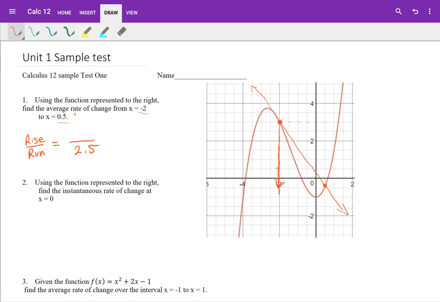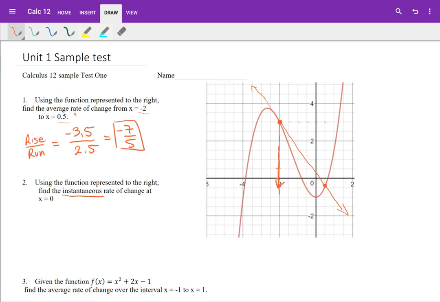So 3.5 is, and it's a negative because it's a run, right? And so you're basically going to get 7/5. It's a negative. All right. That's my rise over my run.